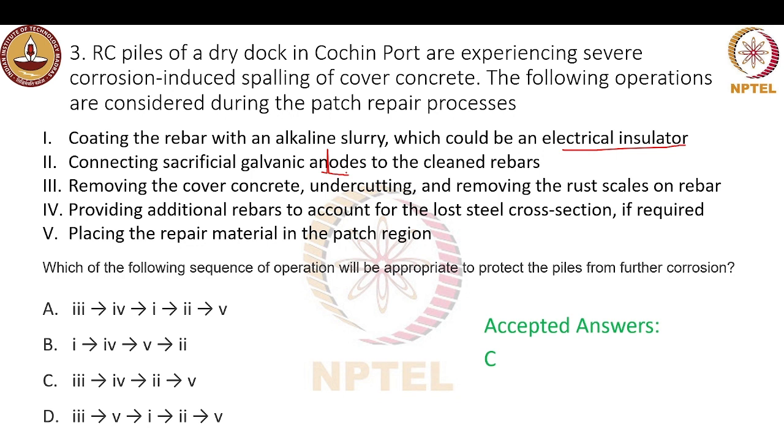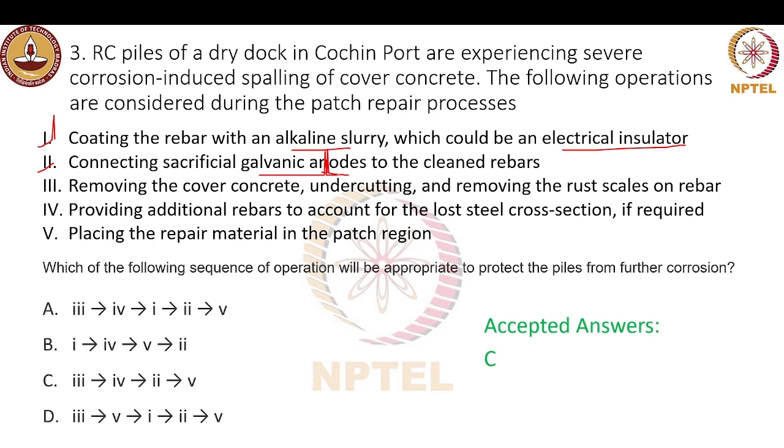Because to make anodes work, the electrical connection should be there between the rebars and the anodes. So out of these options, only one thing you can do, either apply the alkaline slurry or apply the anodes. Even if the anodes are connected, we can apply the slurry on top of it, right?